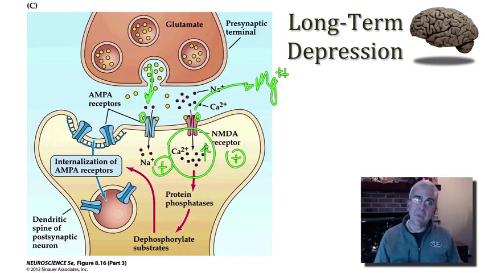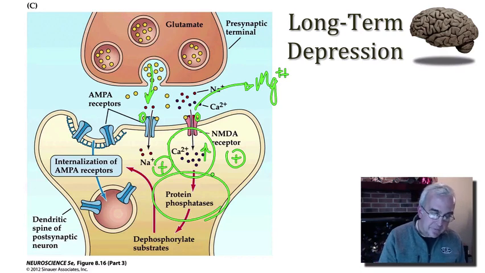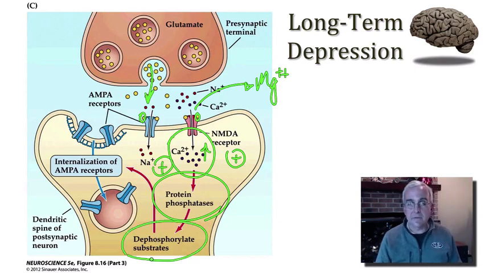That is critical. That lower level increase in postsynaptic calcium activates not protein kinases now, but phosphatases. So these protein phosphatases then dephosphorylate target proteins. And that seems to have the opposite effect on the proteins that traffic AMPA receptors between vesicular pools in the postsynaptic spine and the postsynaptic membrane.